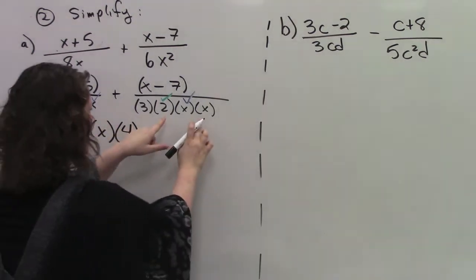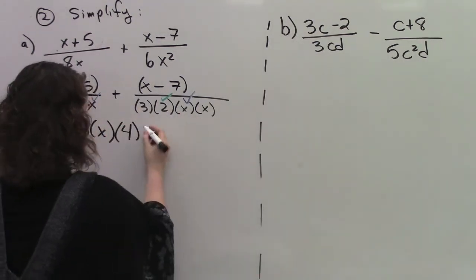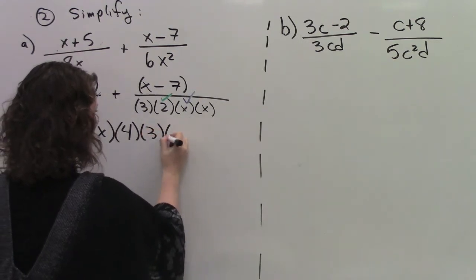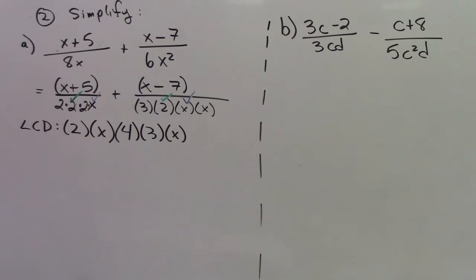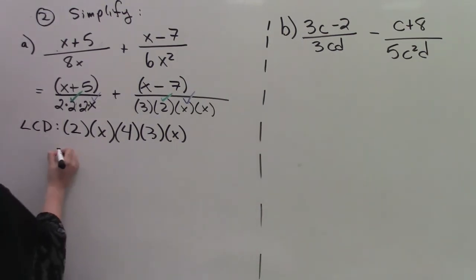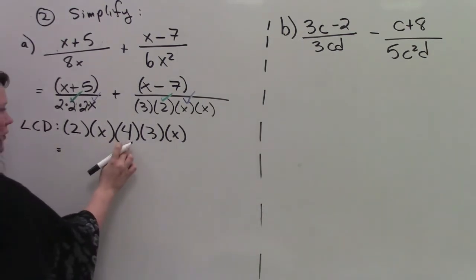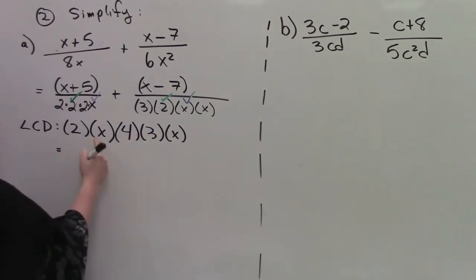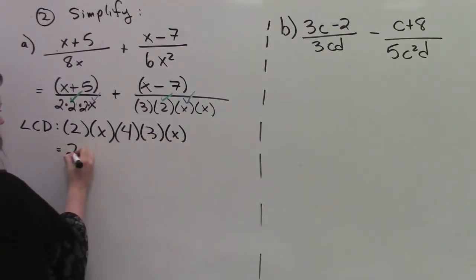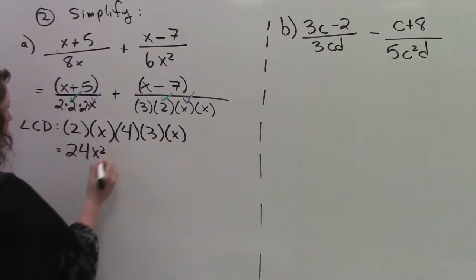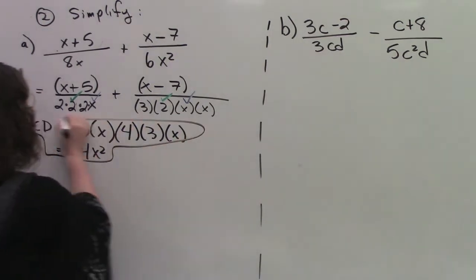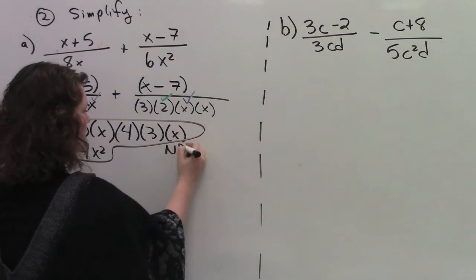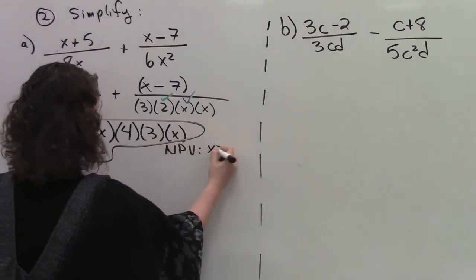And on this side, I have a 3 and an x. Alright. So when I multiply these things together, 2 times 4 is 8 times 3 is 24x squared. Another thing, non-permissible values: x cannot equal 0.